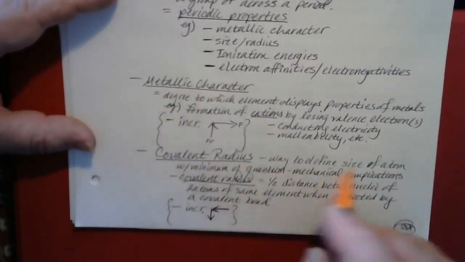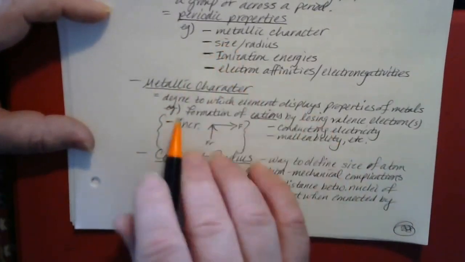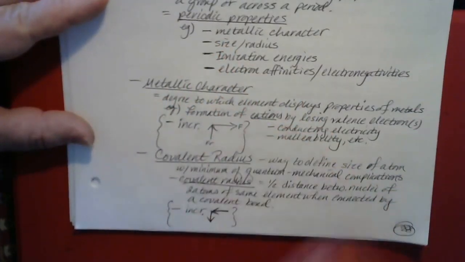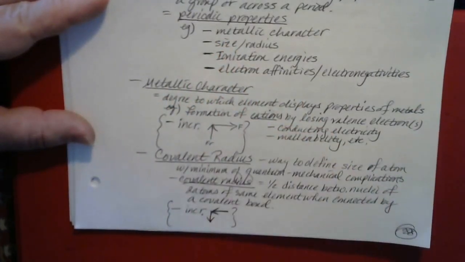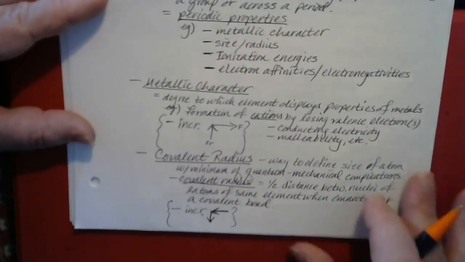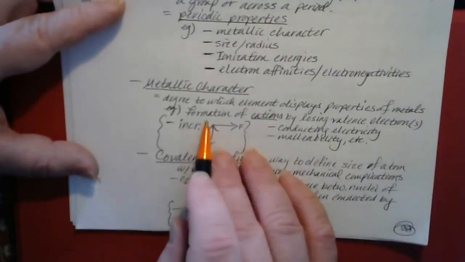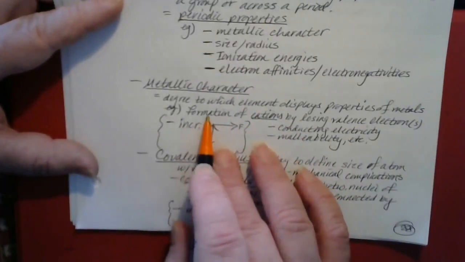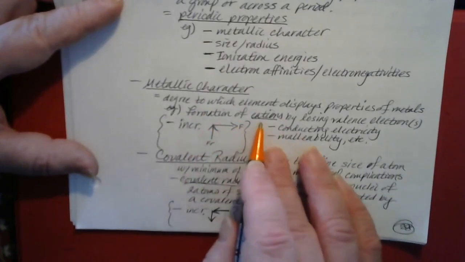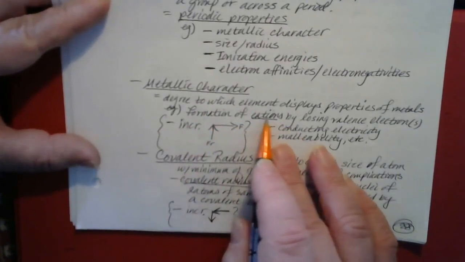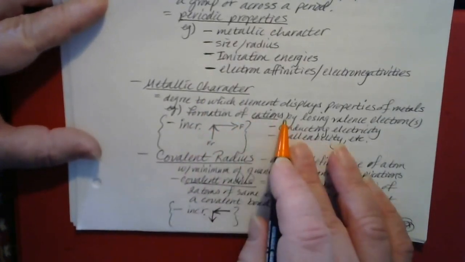For metallic character, as I mentioned briefly above, it can be considered the degree to which an element does the things that metals like to do. The most important one for metallic character is that metals like to lose valence electrons to form cations.